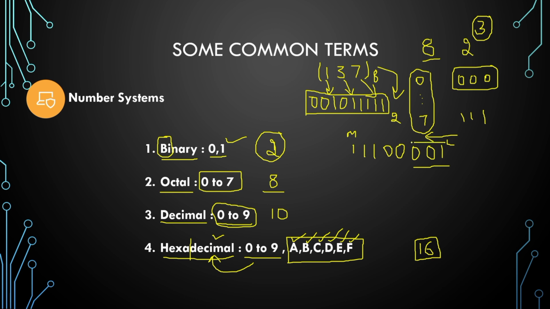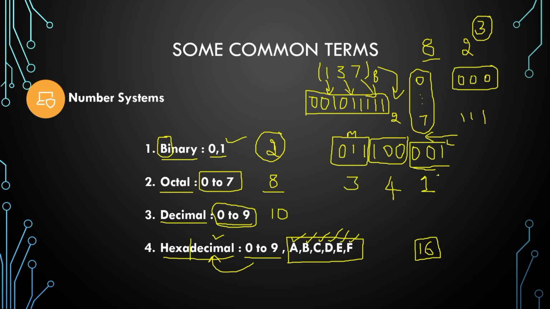So these 3 digits will be one group and these 3 digits will be one group, and here we have only 2 digits, so we can add a 0 on this side and make it a group of 3 digits. Now we can write the number: 001 is 1, 100 is 4 and 011 is 3.